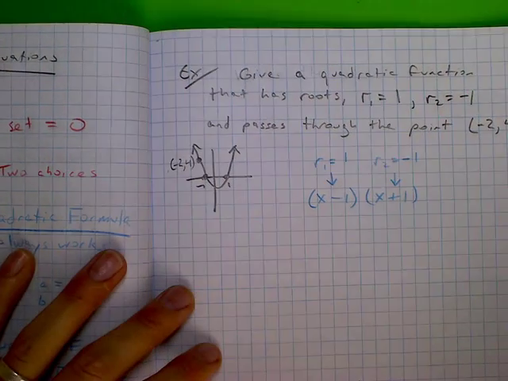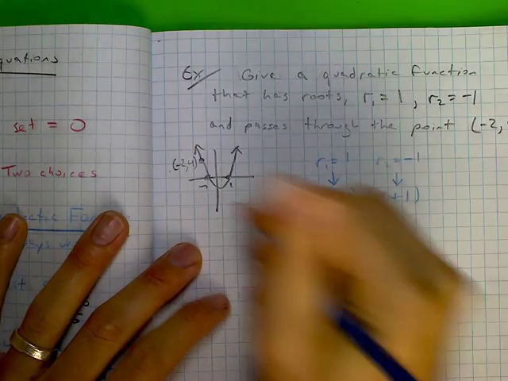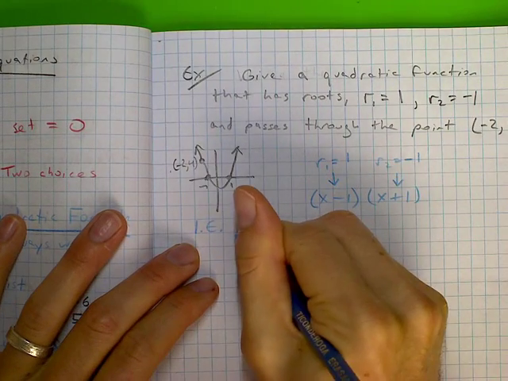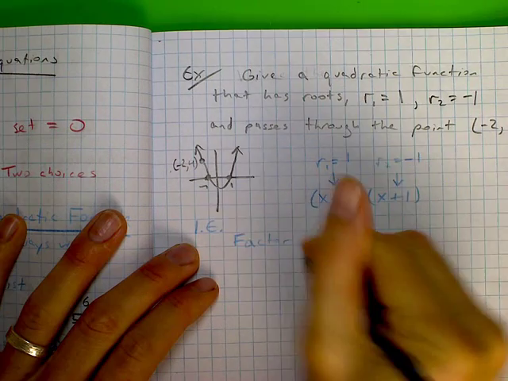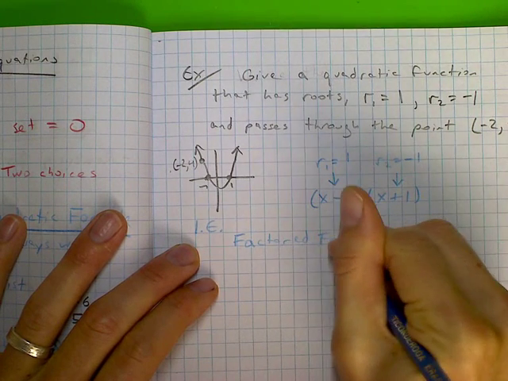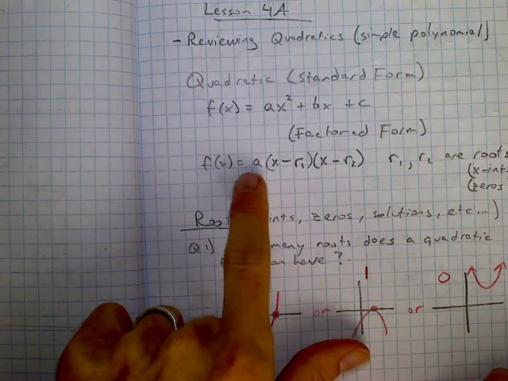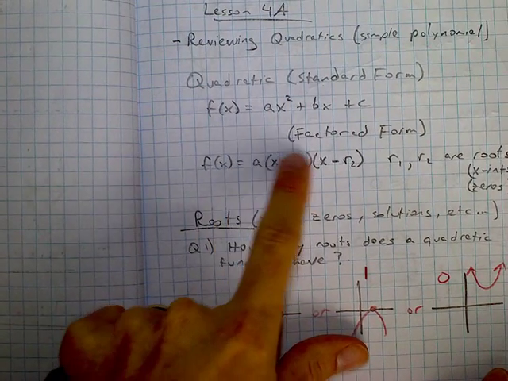Or in other words, let's go back to our factored form that we talked about on the very first page of a quadratic equation. So essentially what we're doing is we're filling this in right here. So our function is going to look like this.